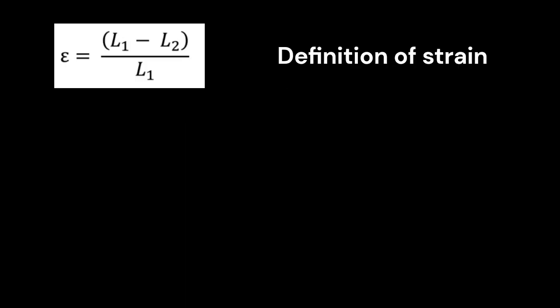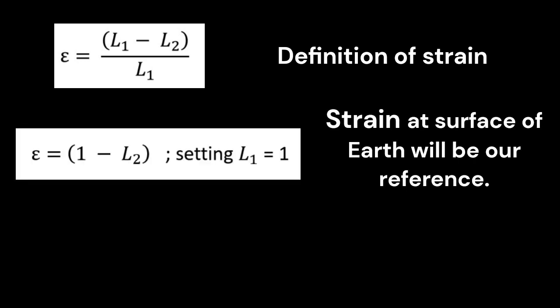Before I show the results, let me lay out a few definitions. This epsilon is what we're going to call strain, which, as you recall from the definition before, was a change in length over the original length. And in this situation, we're going to use the strain at the surface of the Earth as our reference point, because we're saying everything inside the planet will be related to what's happening at the surface of the planet.